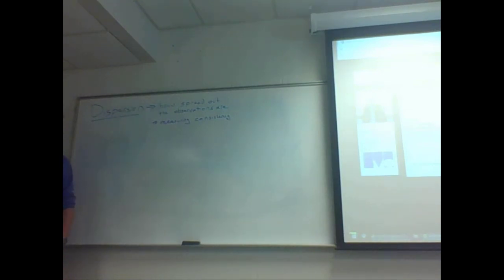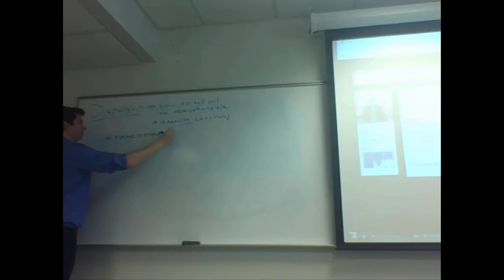There are two basic ways to measure consistency, to measure dispersion. There is a simple way, and then there is what we'll call a more complete way. The simple way is the range. It's just equal to the maximum value minus the minimum value.